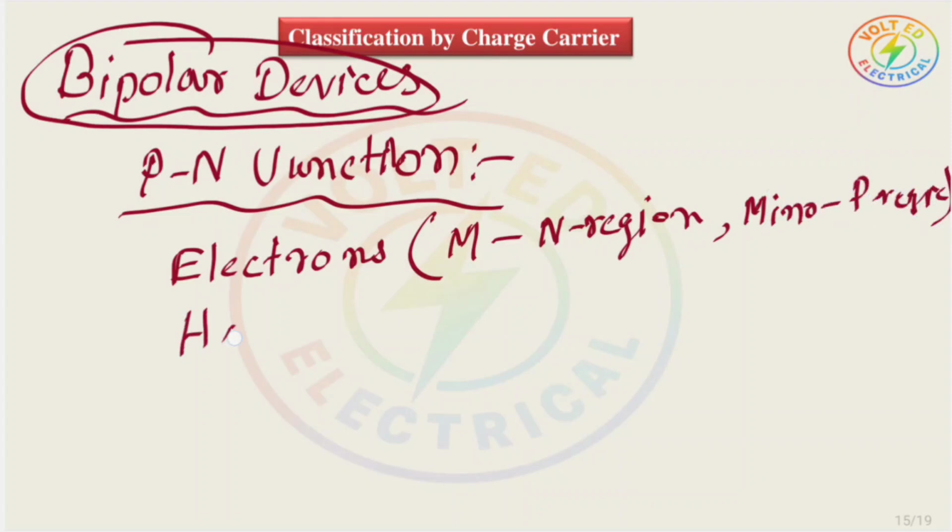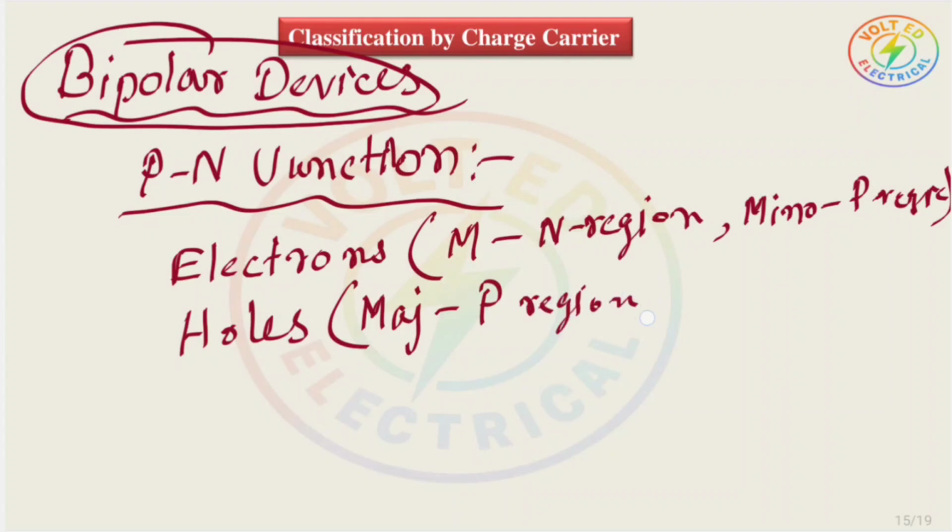For the holes, majority carriers in p region, minority in n region. So in this, for the conduction process, both the electrons and holes participate.